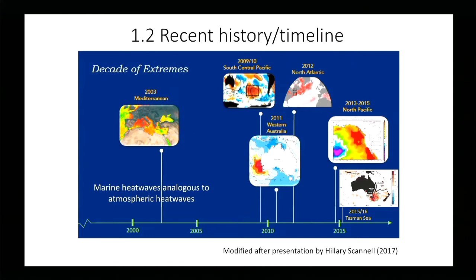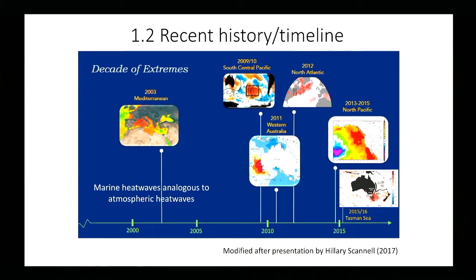So here's a bit of a history of those, and it's a bit of a timeline here. So here's the 2003 Mediterranean heat wave, and you can see the redness there. There was a marine heat wave here in the south higher latitude Pacific, Central Pacific, that coincided with a big El Nino event, Central Pacific El Nino event.